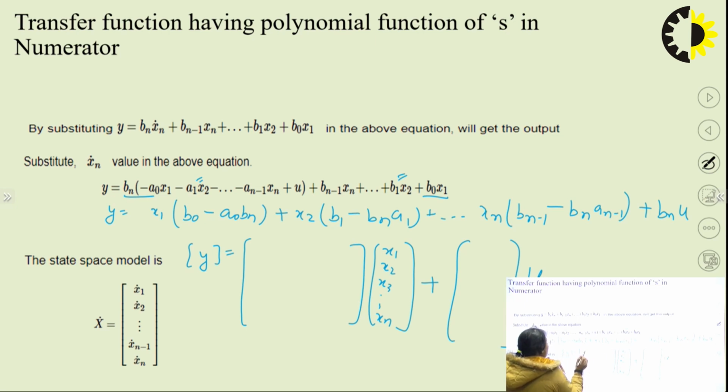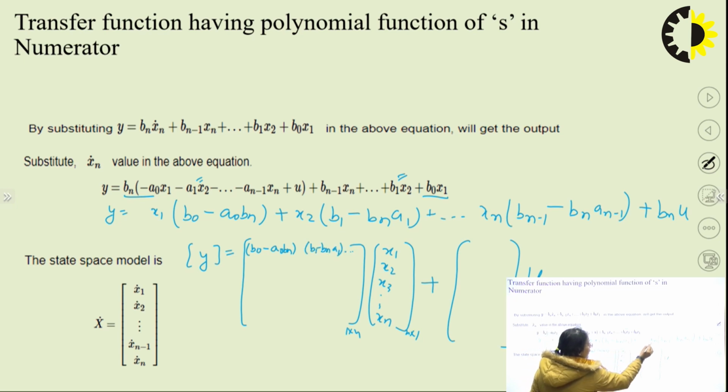तो यहाँ पे y is equal to, ये मेरा बनेगा 1/n टाइम का मैट्रिक्स और ये है n into 1 का. तो मैं यहाँ फर्स्ट टर्म लिखूंगी b0 into minus a0 bn, then अगला टर्म मेरा आ रहा है b1 minus bn into a1 up to so on, और last में मेरे terms आएंगे xn के लिए.